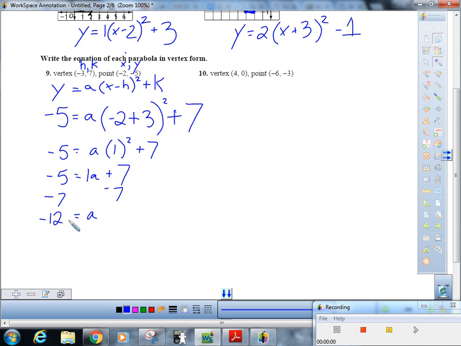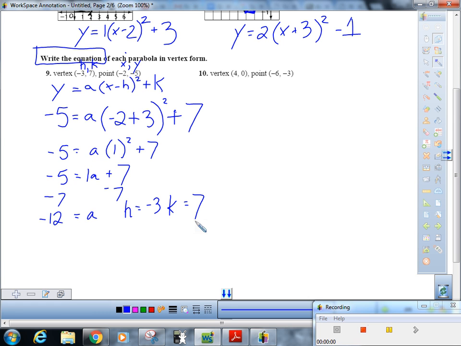Okay? Now that's not the answer. What do the directions ask for us to do? They ask us to write the equation. Now here, this comes back to what Alex said. How many letters are in our equation? There's only 2. So now we need to pop in a. We know h is negative 3, and we know k is 7.